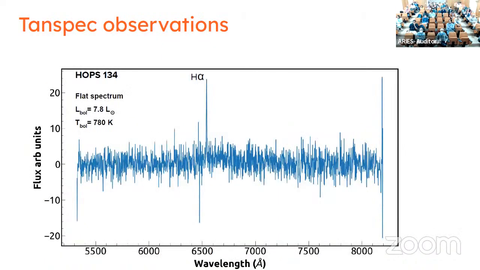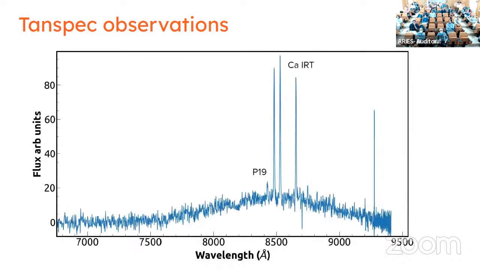So here I'm showing the TANSPEC observations for HOPS 134. It's a flat spectrum source with a bolometric luminosity of about 8 solar luminosities and a temperature of about 780 Kelvin. We see a strong H alpha accretion line in the optical with the strong calcium IR triplet and the Paschen 19 line also seen around the 8,500 angstrom regime.